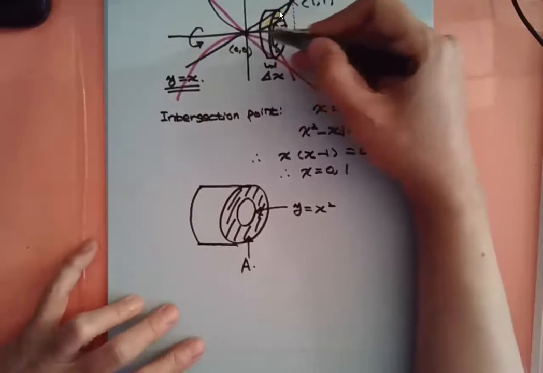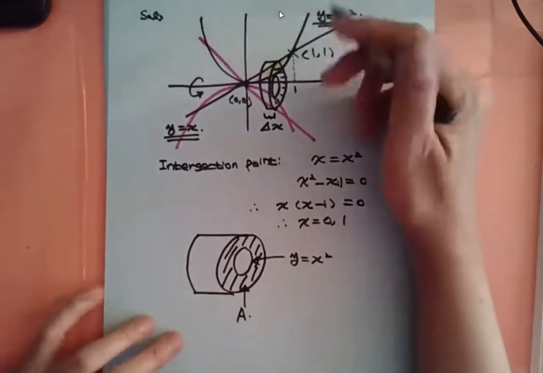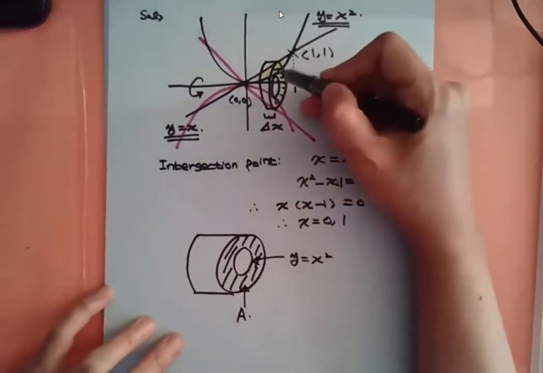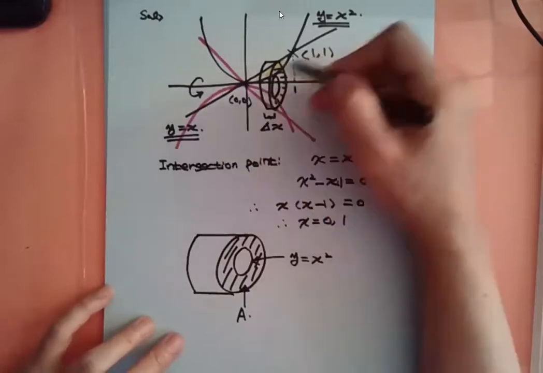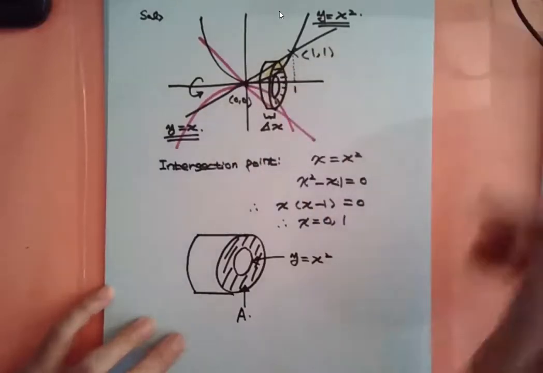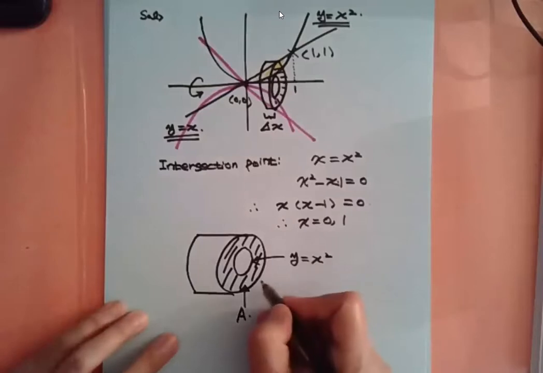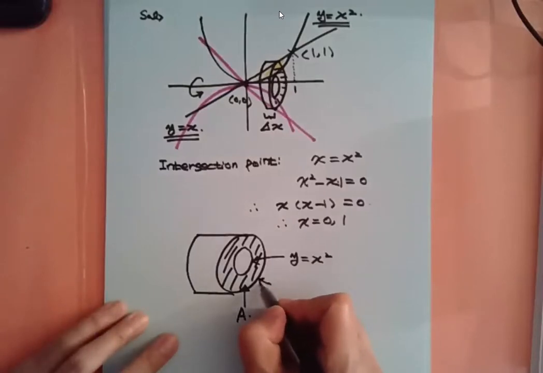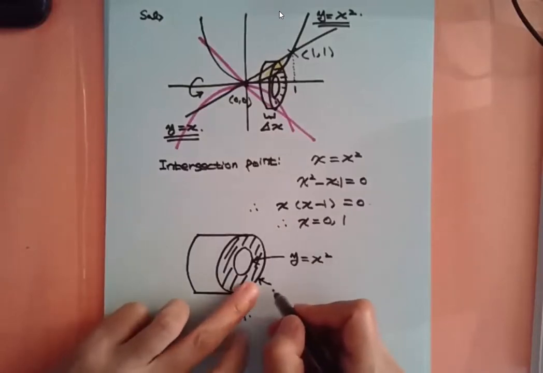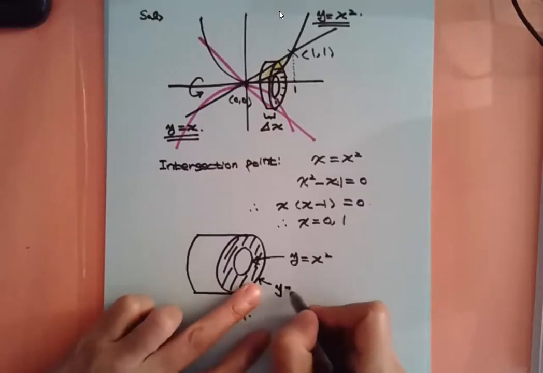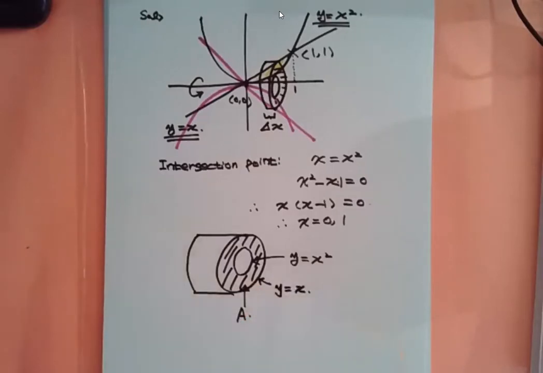This is the parabola, and the outer circle comes from the larger value, which is the straight line. So this graph came from y equals x, right?